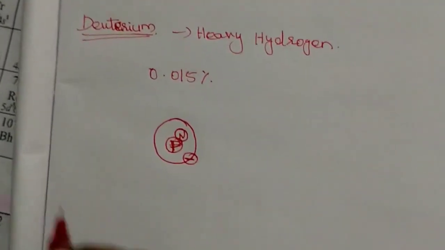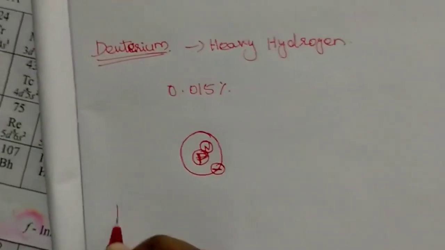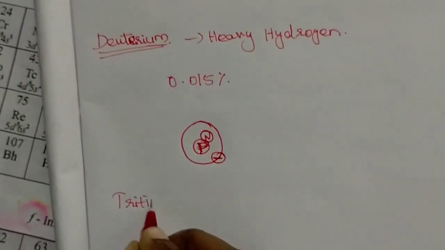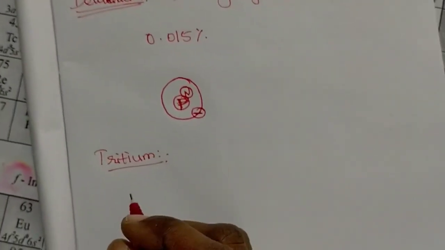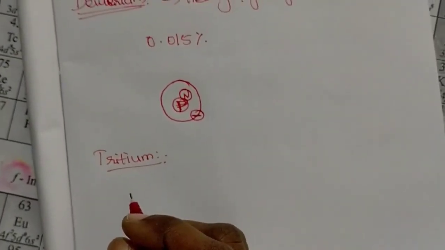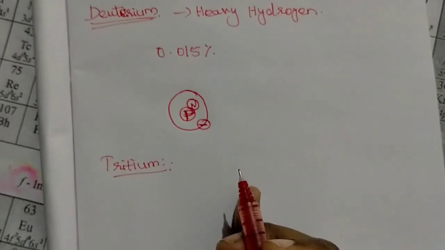And the third isotope of hydrogen, tritium, is a radioactive element, or radioisotope.